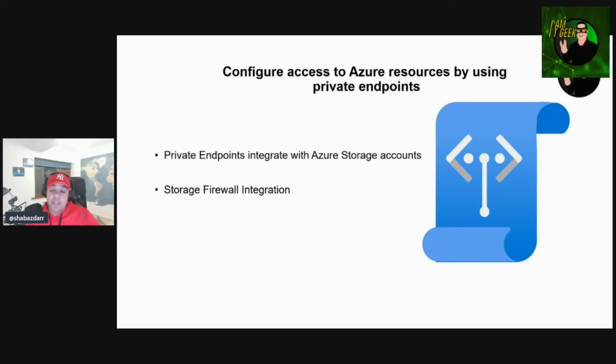You can also increase security for the virtual network by blocking exfiltration of data from the VNet itself. And again, we're going to touch on this in more detail, but you can secure connectivity to storage accounts from your on-premises networks through VPN or ExpressRoute connectivity.